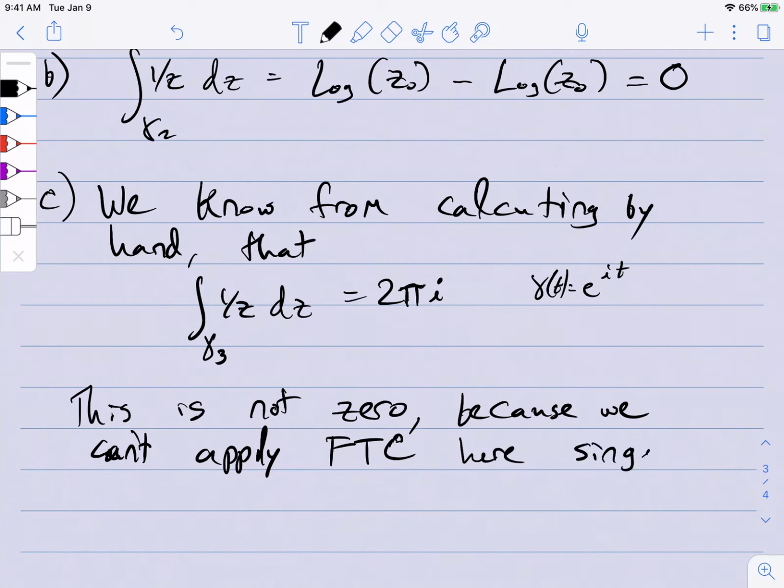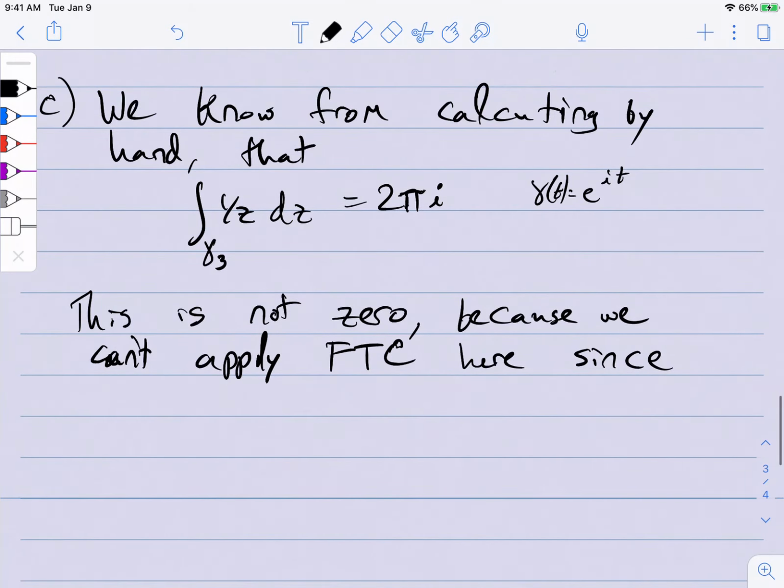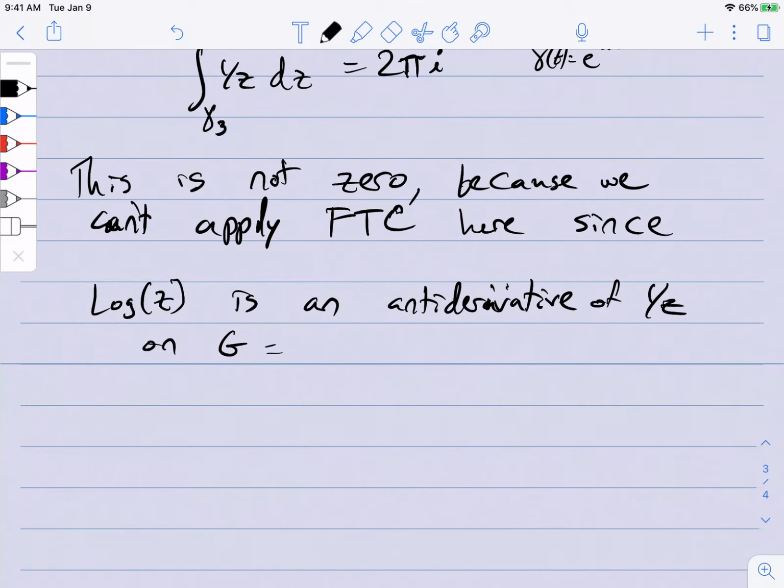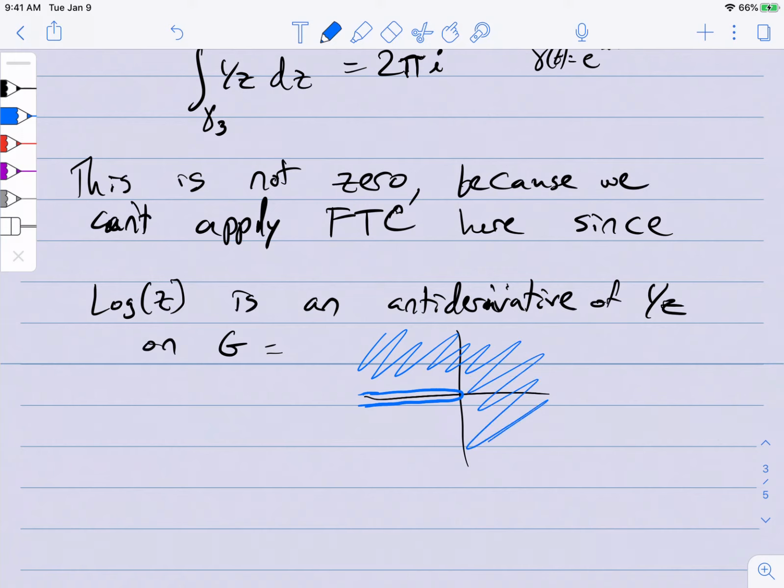And the reason is this region G. So since log of z is an antiderivative of 1 over z, not everywhere, but only on this region G, which was equal to everything except the real axis for 0 and negative values. So everything except that part, right? That's where we have an antiderivative of 1 over z.